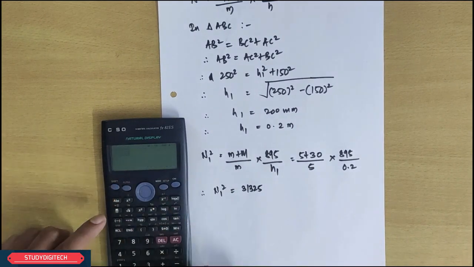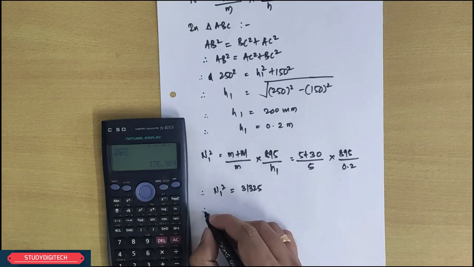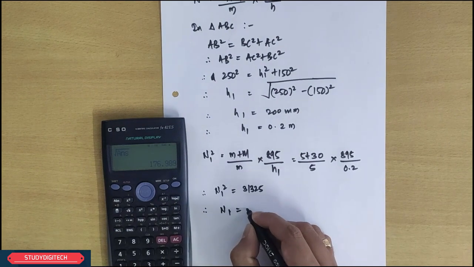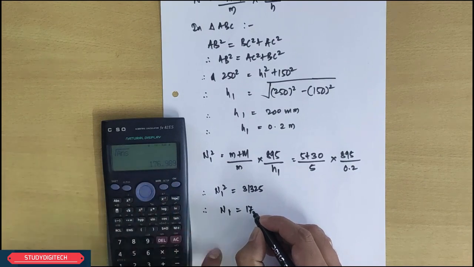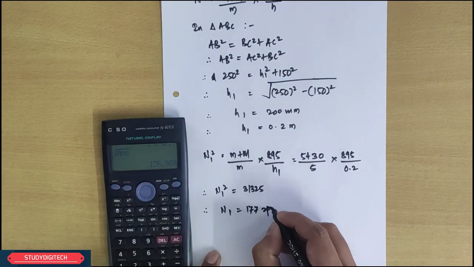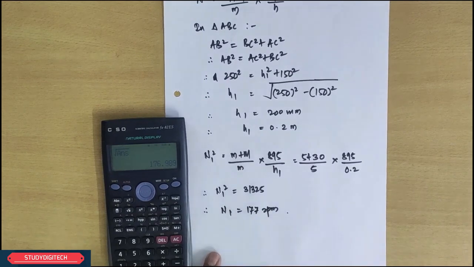Taking the root of the answer, n1 is 176.98, so 177 RPM.